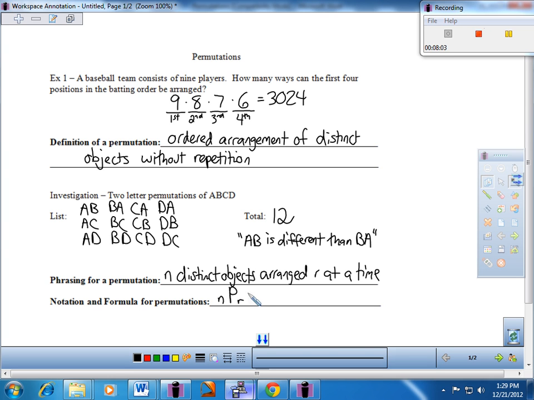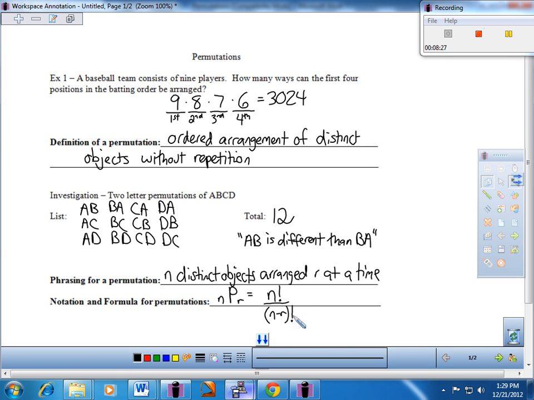And this formula works out really nicely. I didn't leave a ton of room here, so I'll see what I can do. It deals with factorials, and so it's based on n factorial over, and sorry again, just write it as a fraction if you get a chance, over n minus r factorial. We'll play that out a little bit here, and then I'll show it to you on the calculator as well, and we'll see how this works out.